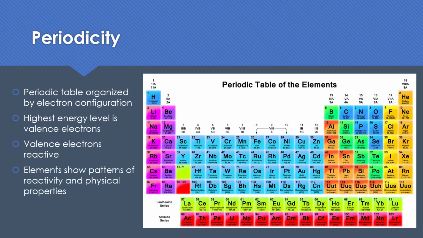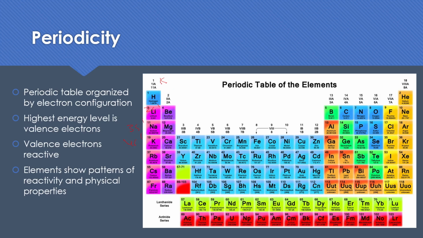Because things end up having the exact same number of valence electrons, for example, hydrogen has one s electron as a valence. Lithium has 2s1, sodium is 3s1, potassium is 4s1.